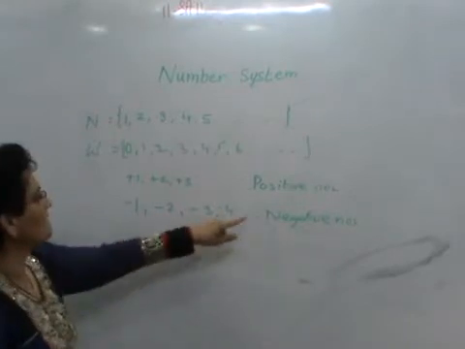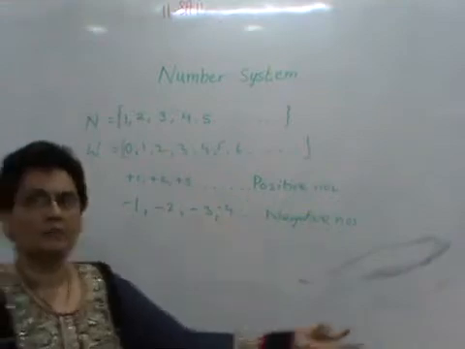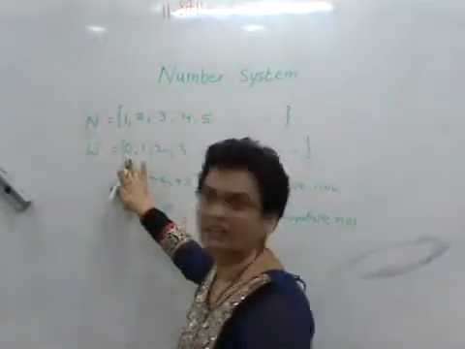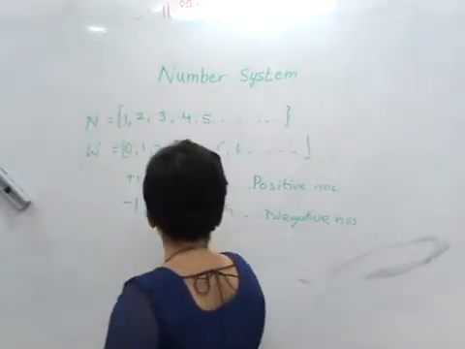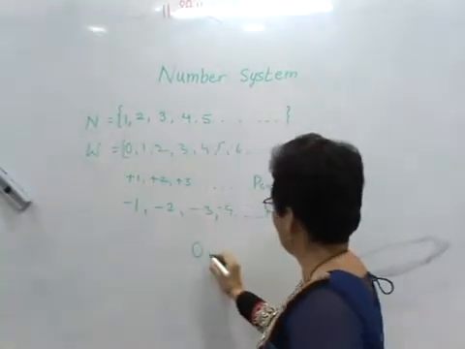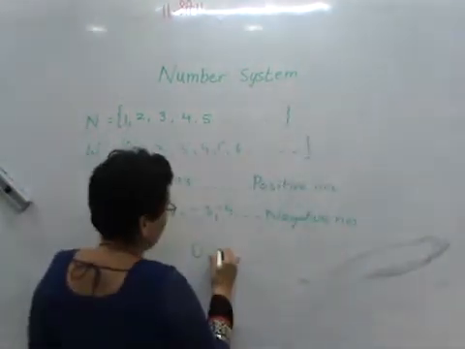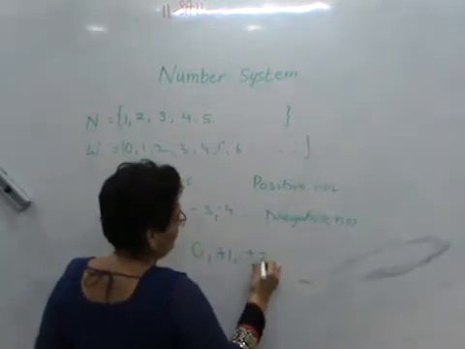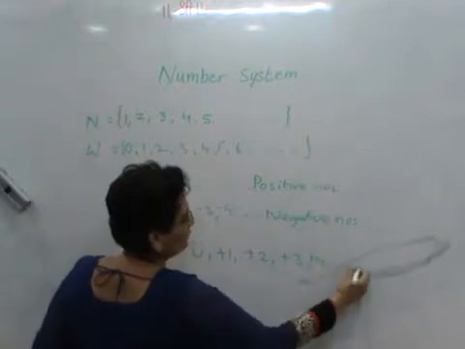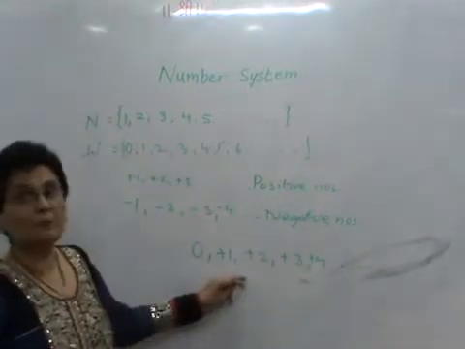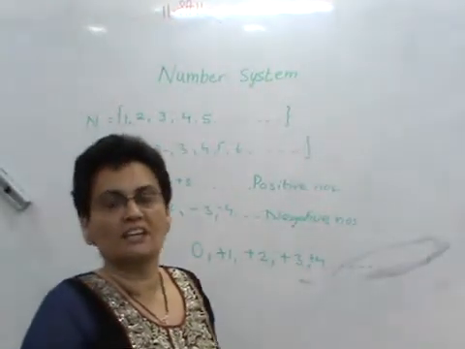So what will join them? Minus 1, minus 2, minus 3, minus 4, plus 1, plus 2. What will be in between? Which will be neutral? What is neutral? 0. 0 is the neutral thing. So we'll be writing 0. We'll be writing positive numbers on the right side: 1, 2, 3, 4 till infinity. Why am I saying 1, 2, 3, 4? You never say plus 1, plus 2, plus 3 specifically.